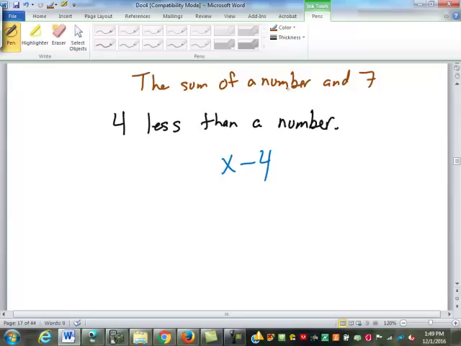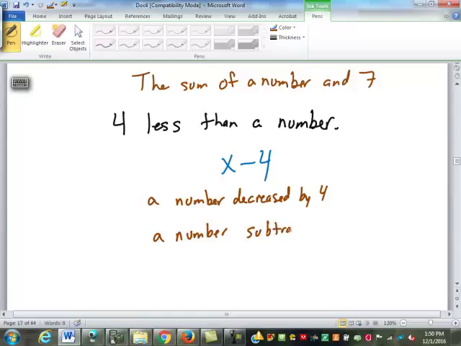What are some other phrases that might indicate x minus 4? I'll give you one. A number decreased by 4. A number subtract 4. Or you might say subtract 4 from a number.